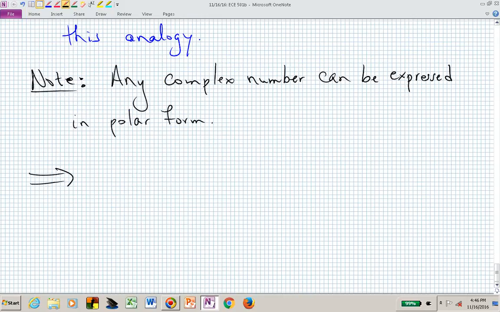Or now we can play with z. Z is a complex number, and I hope you believe that that statement is true.